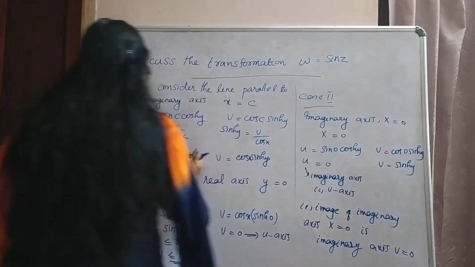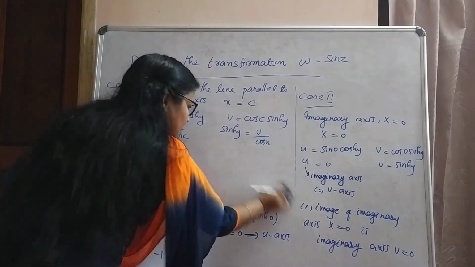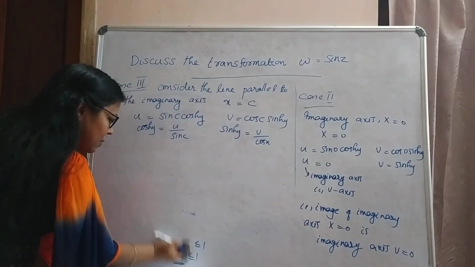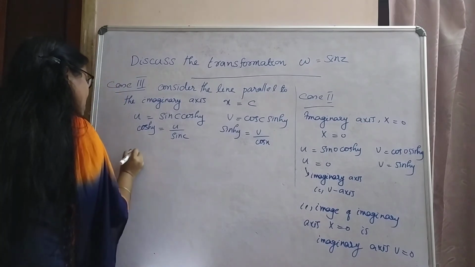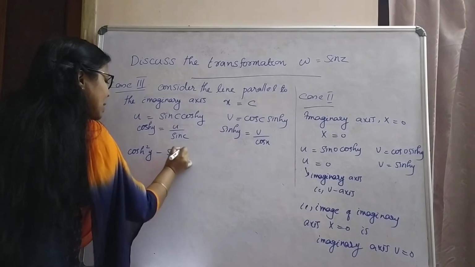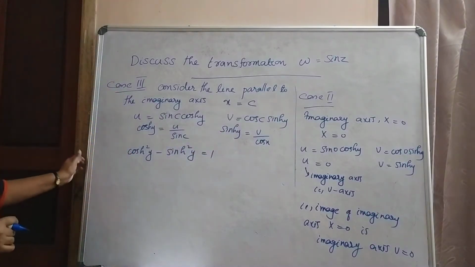Then we know that cosh square y minus sinh square y equal to 1. This is an identity we already know.